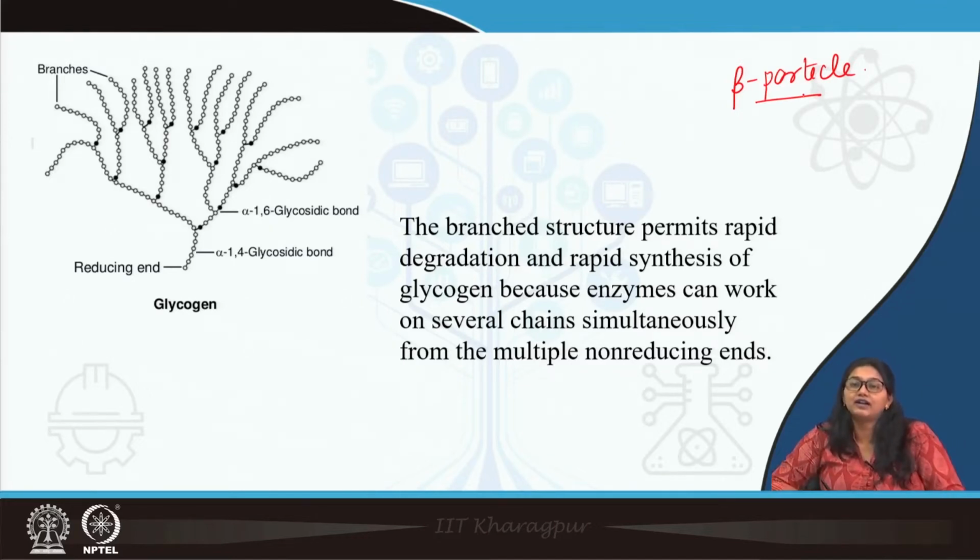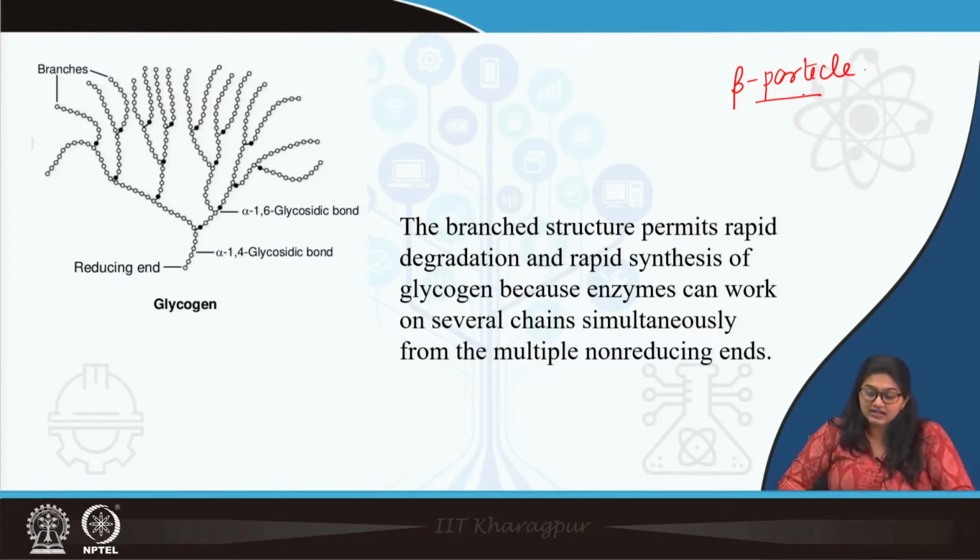Inside this beta particle, about 50,000 glucose units are present, and around 20 to 40 of these beta particles form the granules of glycogen present in the cytoplasm of the cells, and those 20 to 40 beta particles finally form the alpha rosette of the glycogen molecule.